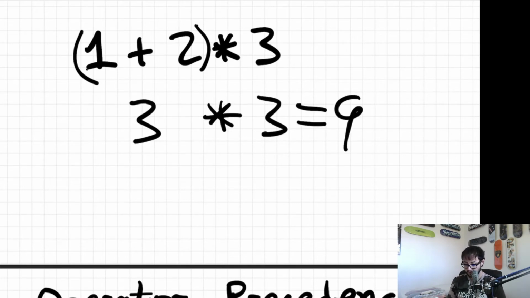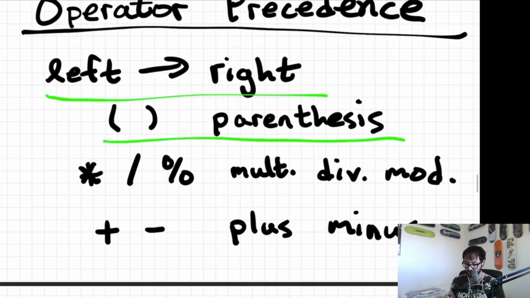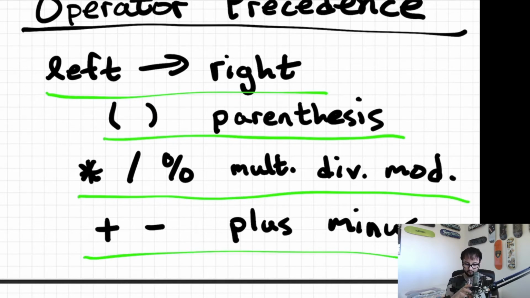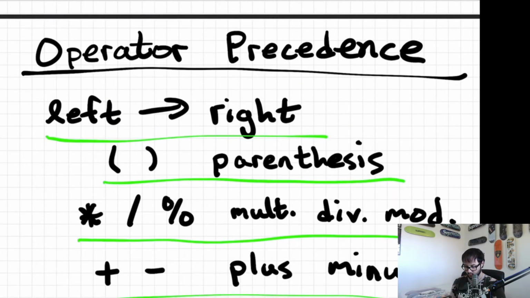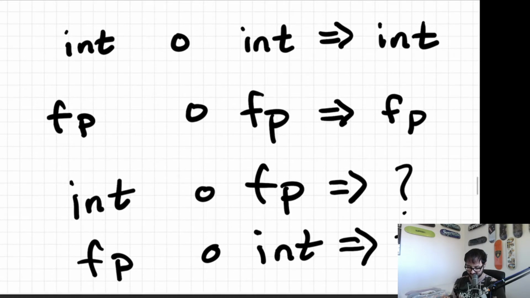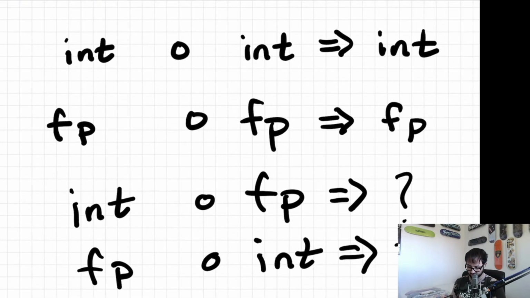But since there aren't, it's the other way, where we take our multiplication, division, and modulus as our next precedence. And then after that, we get plus and minus. So then we have to think about this a little bit, and this is what's known as mixed expressions.